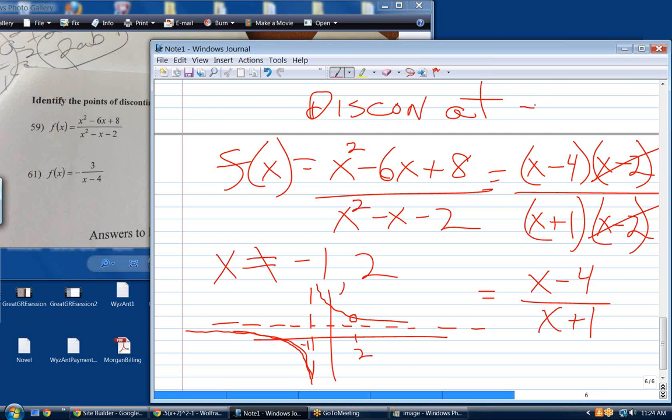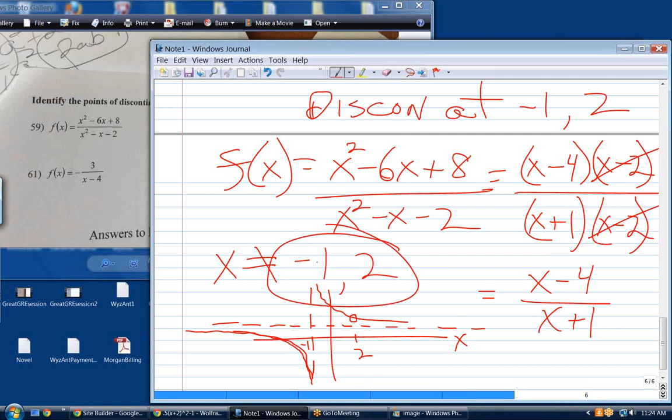So there's a discontinuity at -1. And when you're defining your discontinuities, you're defining it on the x-axis. You're not defining the y value, you're defining the x value. Where else do I have to pick up my pencil? At 2, in other words, at these two points right there.